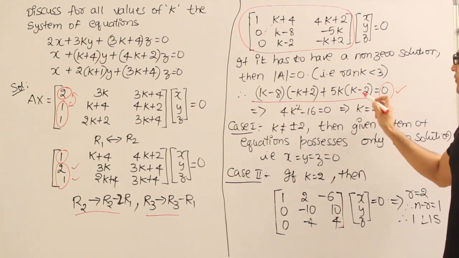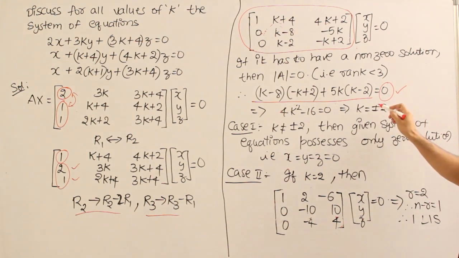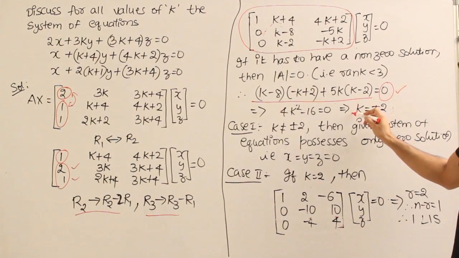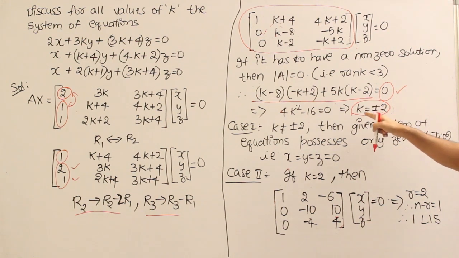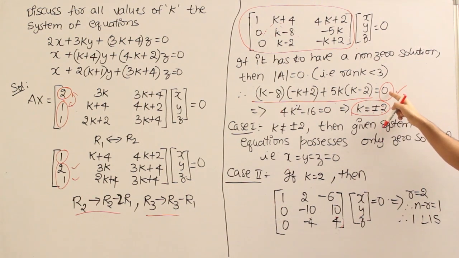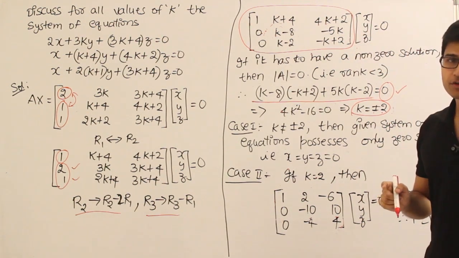The determinant is equal to 0 whenever k equals plus or minus 2. If k is equal to plus or minus 2, then the system will have infinite number of solutions.